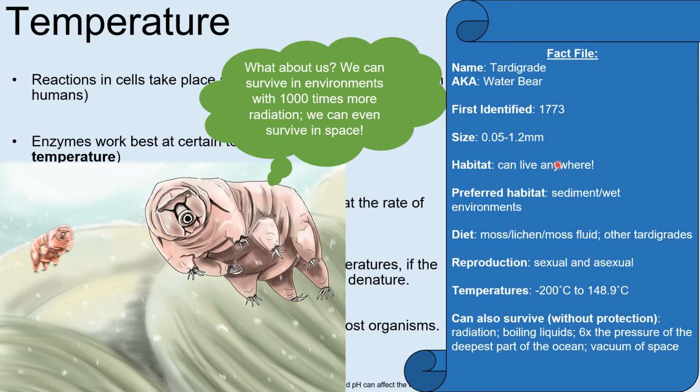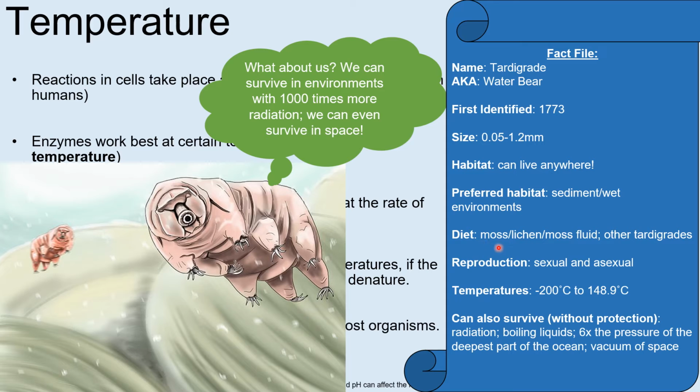They can live pretty much anywhere, but they prefer sediment or wet environments. Their diet varies per species because there are quite a lot of species of tardigrades. Let me just get the figures up. There are over 1,018 species of tardigrades which are currently identified, but there could be more.